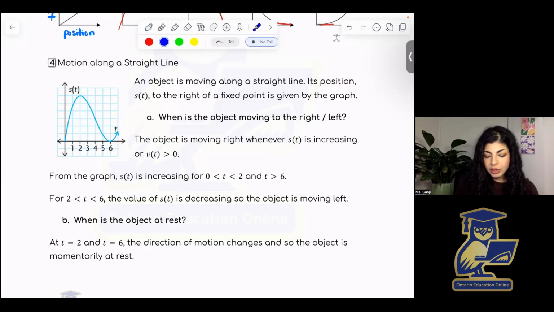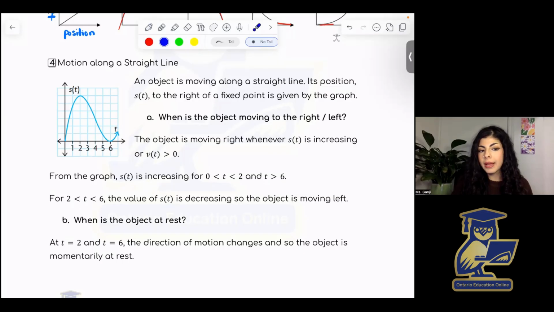And now notation-wise, we say that we have s of t increasing for time t between 0 and 2, and for t greater than 6. And for when we are moving to the left, we have the interval between 2 and 6. So t is between 2 and 6. So in that case, the value of s of t is decreasing. So we know that our object is moving to the left.